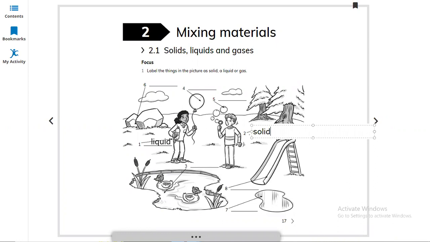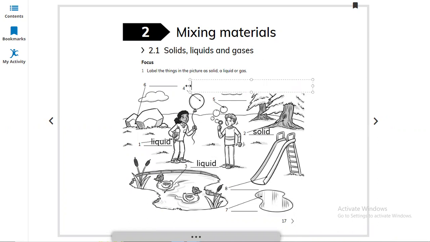So number 2 is a tree trunk, and number 3, where is number 3? This one, water in a pond. So it's liquid. We are writing liquid here. Number 4, it's a balloon. What's inside the balloon? Air.